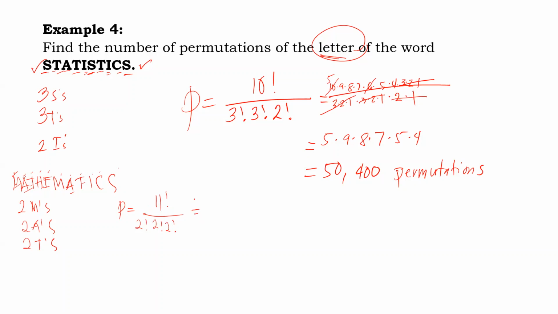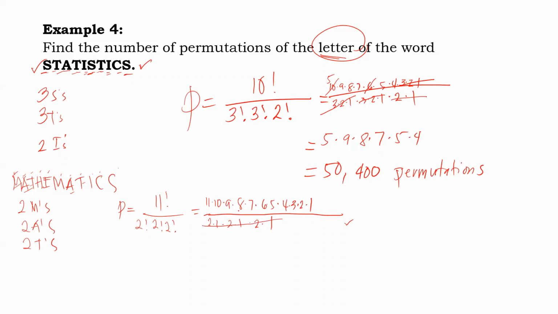So, this is equal to 11 times 10, 9, 8, 7, 6 times 4 times 3 times 2 times 1. So, yung 2 factorial, 2 times 1 times 2 times 1 times 2 times 1. If you're going to simplify yung nasa denominator, 2 times 2 is 4 times 2 is 8.